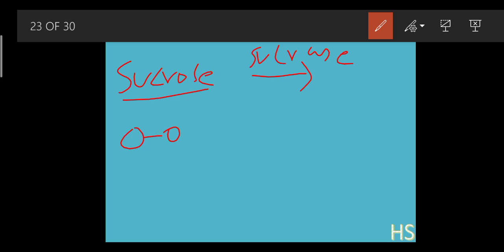Then there is a sugar which is left, sucrose. What is sucrose? It's a disaccharide, made up of two sugars. With the help of the sucrase, OSE, ASE, it got converted into glucose plus fructose, and glucose and fructose both are simple sugars, that is the monosaccharide.